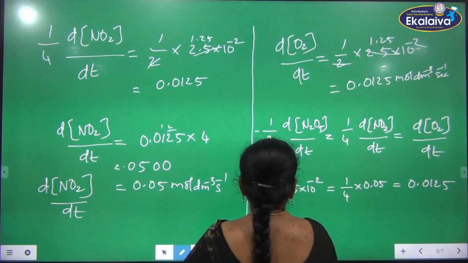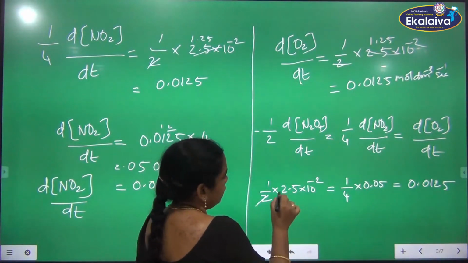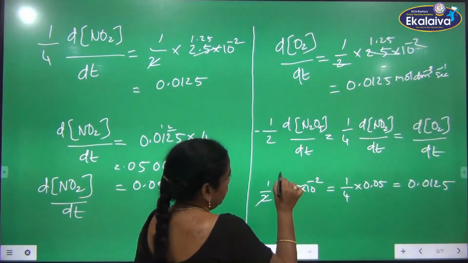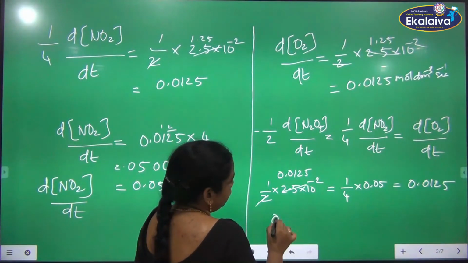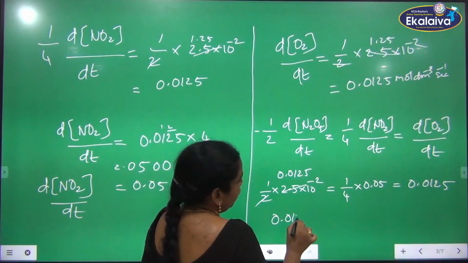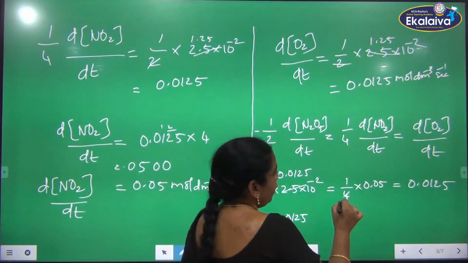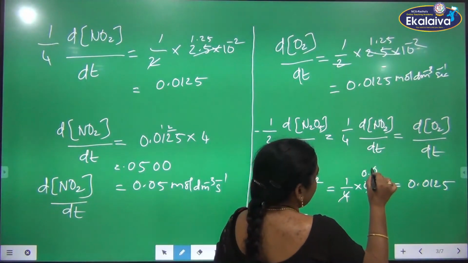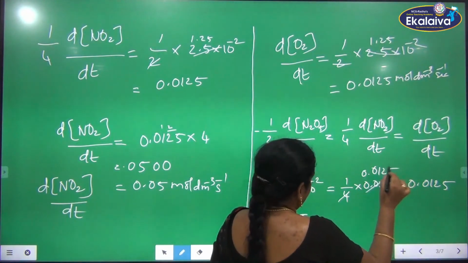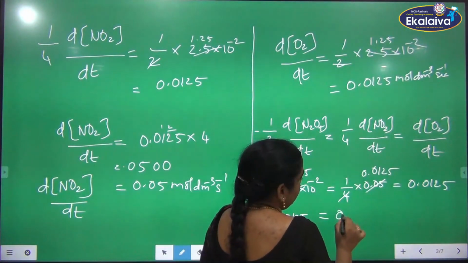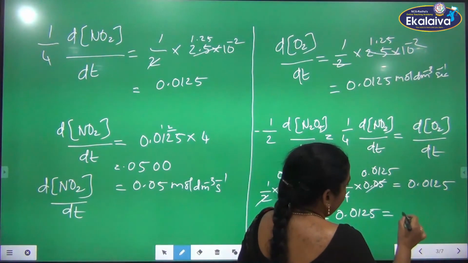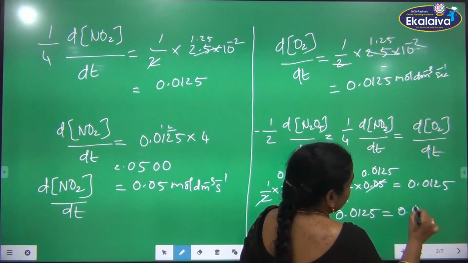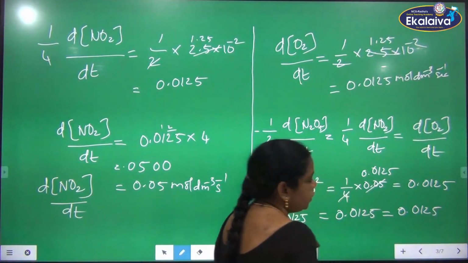Now you evaluate this. This becomes 0.0125. If you divide this, 0.0125 equal to 0.0125, and then for oxygen 0.0125. So this shows what?